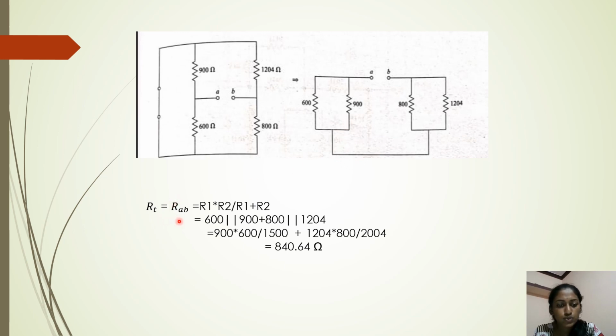Then RT is equal to RAB. RAB is equal to R1 into R2 divided by R1 plus R2.